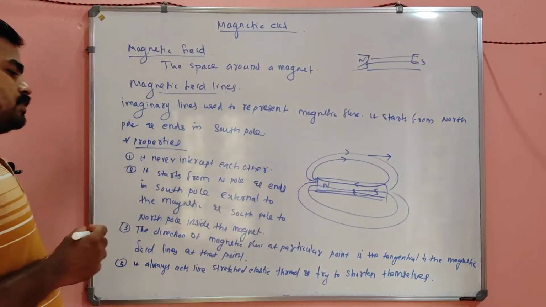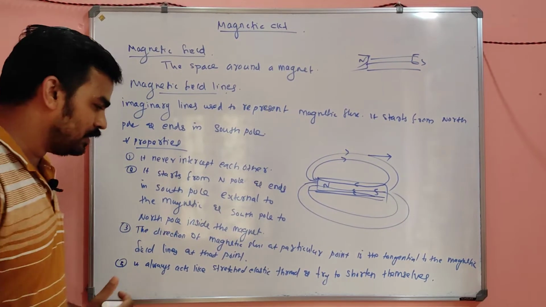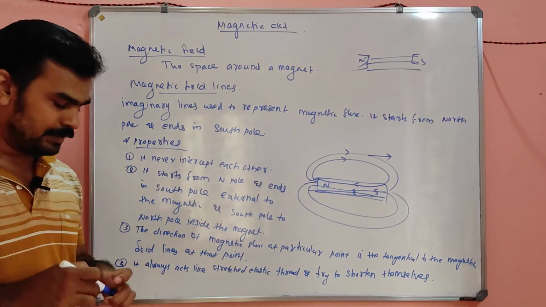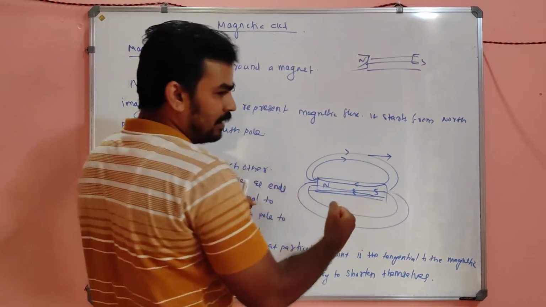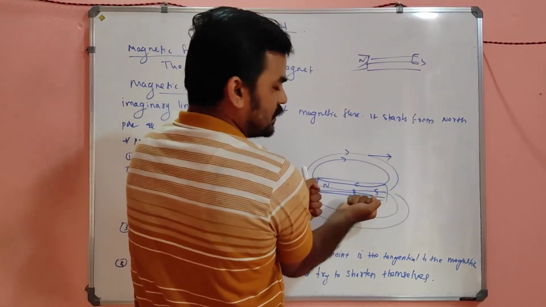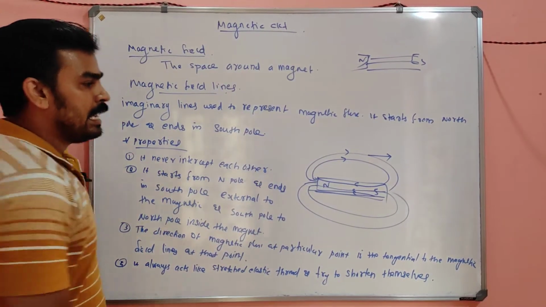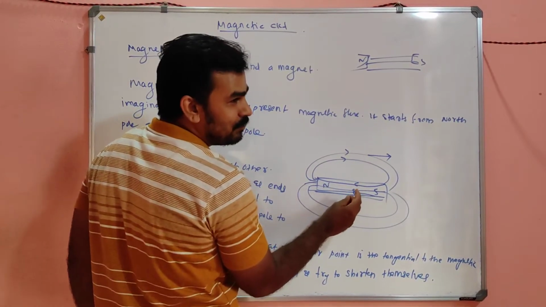See, this is a super property of magnetic lines of force, my dear. It always acts like a structured elastic thread, and it always tries to shorten itself, which means it always tries to shrink towards the magnet.